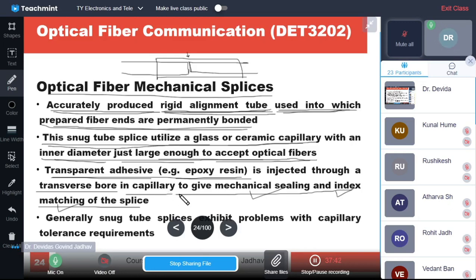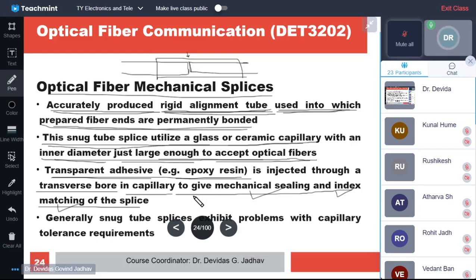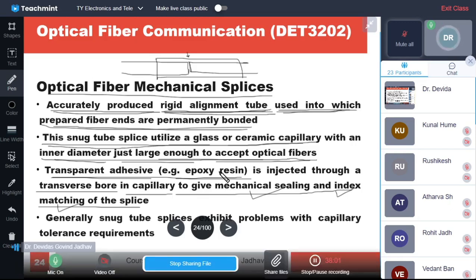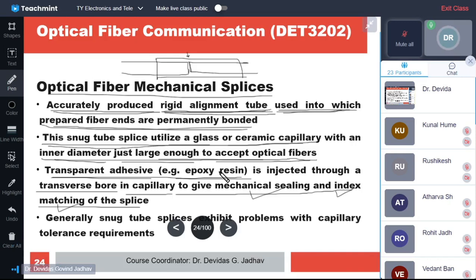The snug tube is simpler as compared to that. We just have to put the fibers into the tube, apply the epoxy resin, and wait for hardening of the resin by pressing the fibers against each other. The capillary tube, ceramic or glass tube itself will hold the fiber in lateral and angular alignment, and longitudinal alignment is achieved by pressing the fibers against each other.